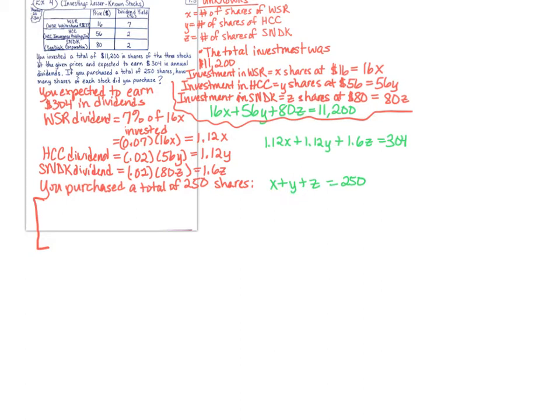So I'm going to put that up top. I'm going to write 1, 1, 1, 250. Second row, I'll make 16, 56, 80, and 11,200. We have larger numbers here, but we'll figure that out. Then we had 1.12, 1.12, 1.6, and 304.